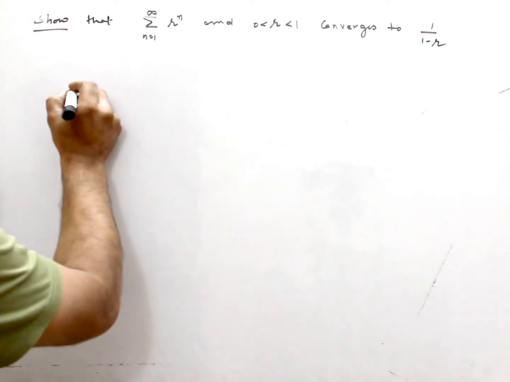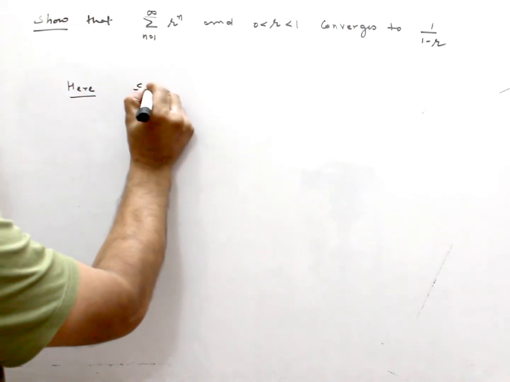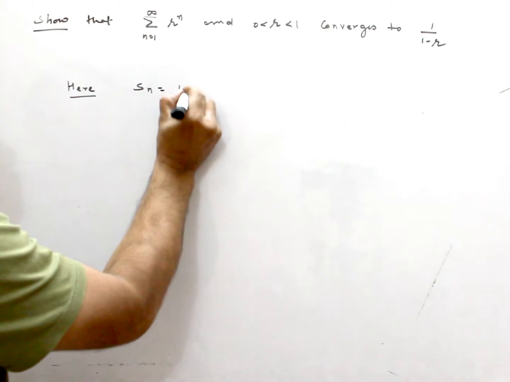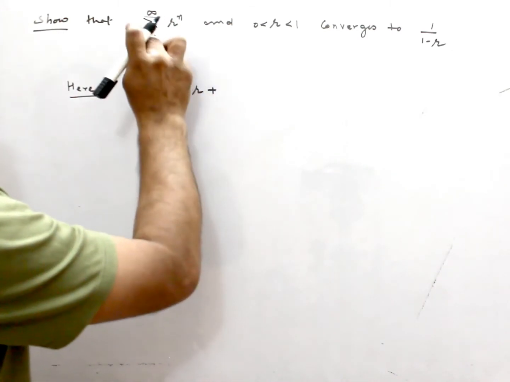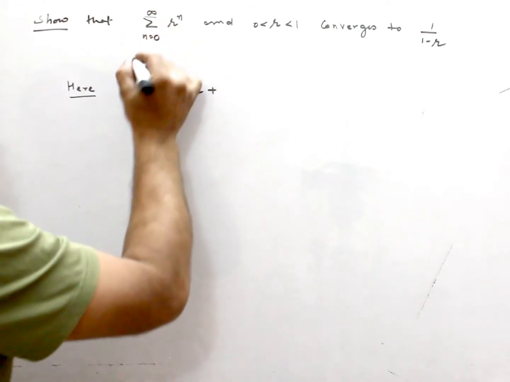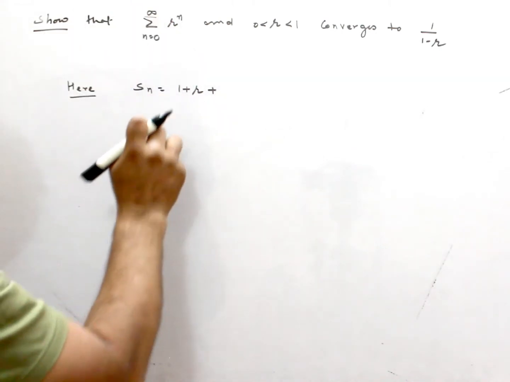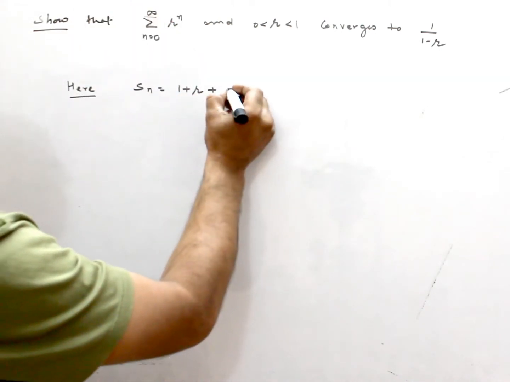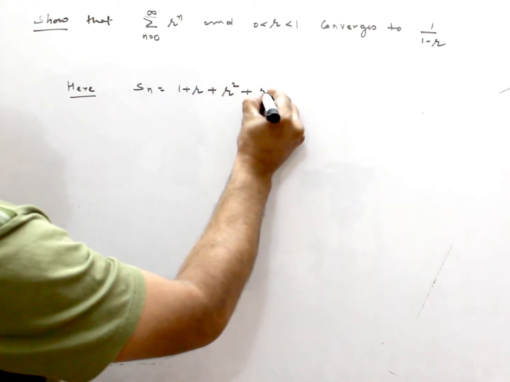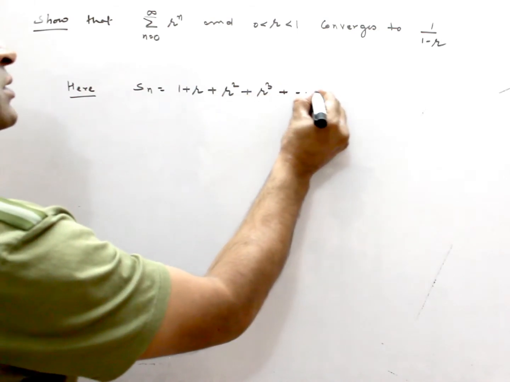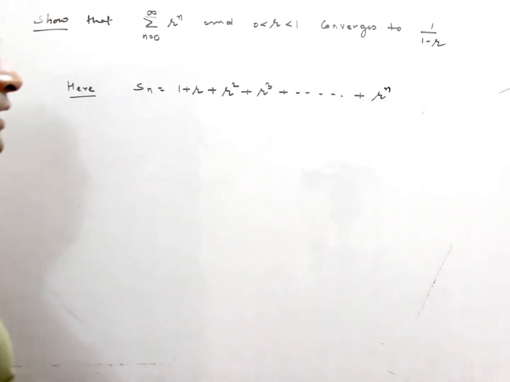So here I take n varying from 0 to infinity. Then Sn is 1 plus r plus r square plus r cube and so on plus r^n.